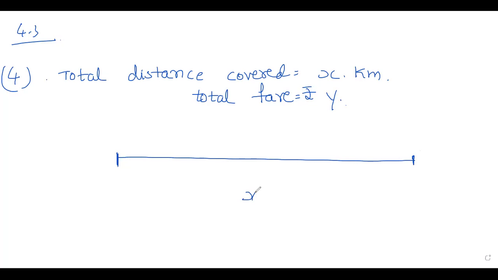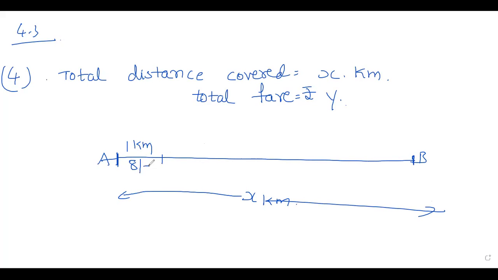I will write x, children. The total distance is from the point A to B. Okay. The total distance is x kilometer. Next, for 1 kilometer, it is 8 rupees. 1 kilometer, 8 rupees fare.